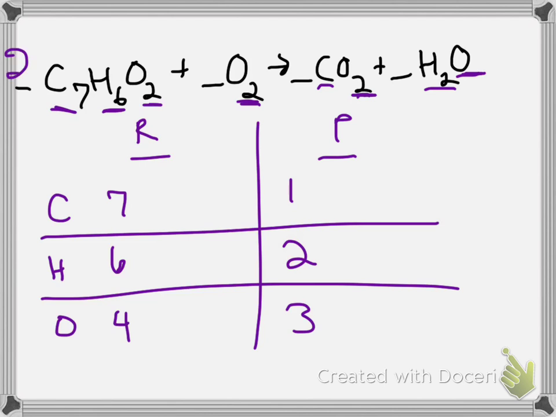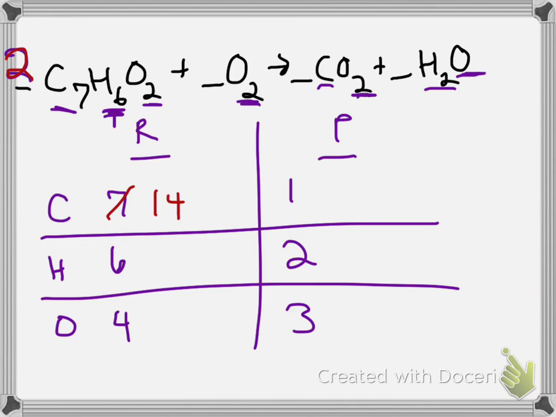Well, we need to multiply this whole thing by 2 before we even start, because we need to change the number of hydrogens, so that way we put an even number here. So when we multiply this by 2, this becomes 14 because 2 times the carbon gives us 14.